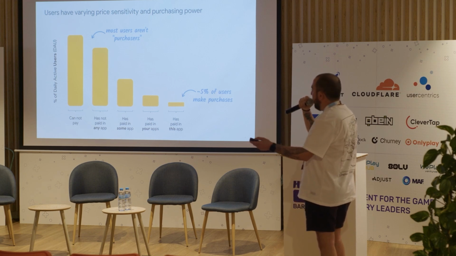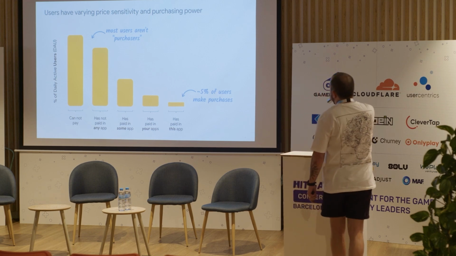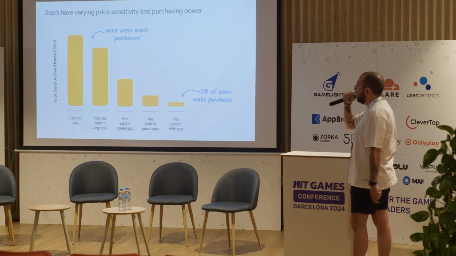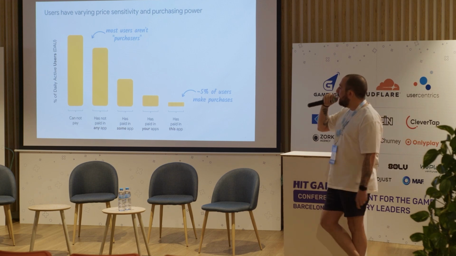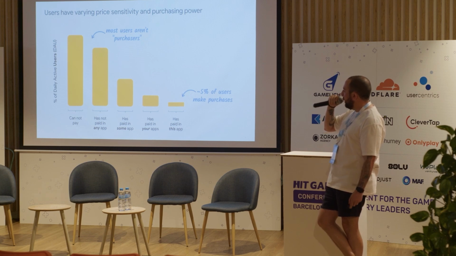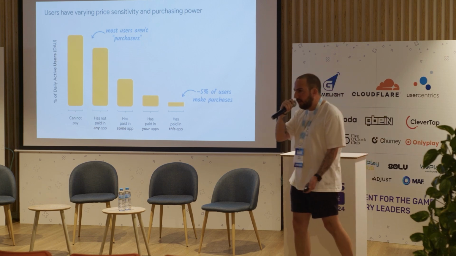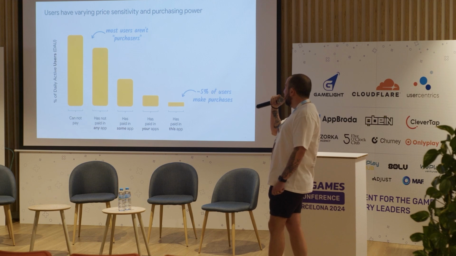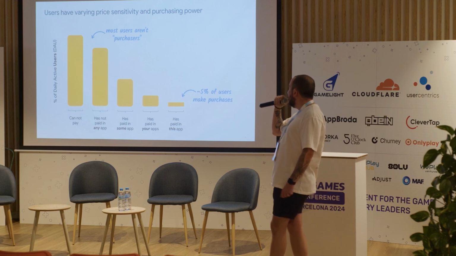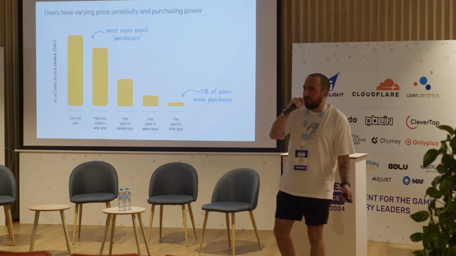But as Kate and Massimo said in the last talk, you can see the percentage of users that actually pay, this is the segmentation of audiences that you have. You can see that around 95% of the users don't pay.